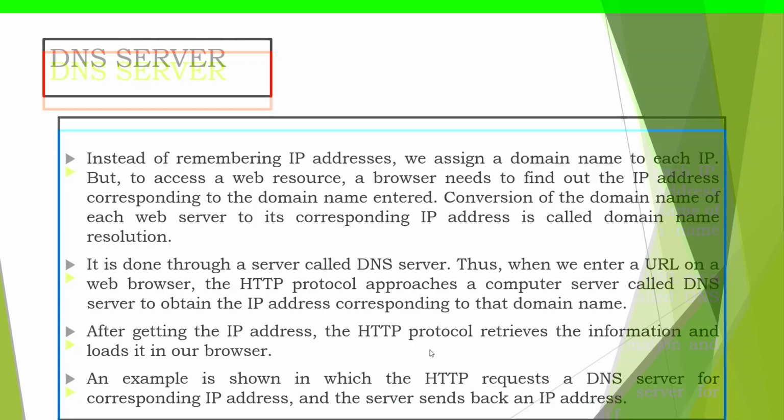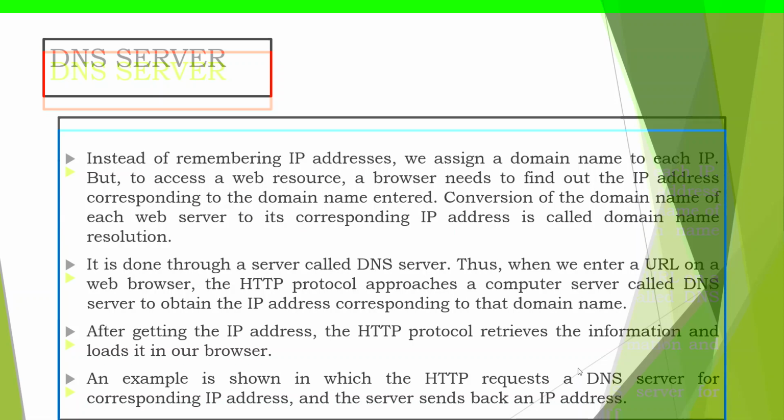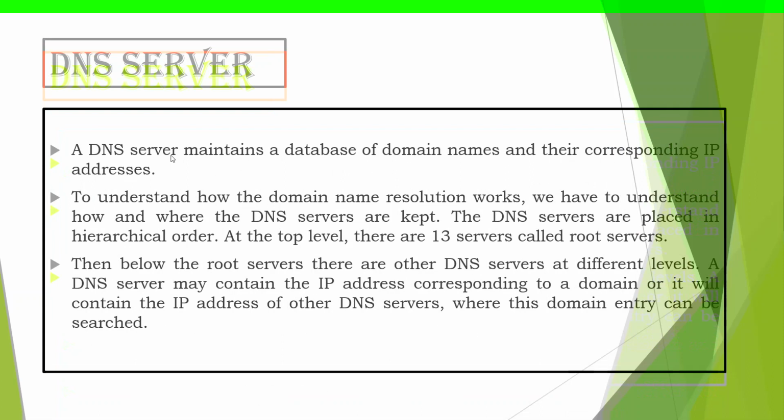Here the user uses the HTTP protocol and sends the request to the DNS server, and the server sends back the IP address, 164.100.163.45. The DNS server maintains a database of domain names and their corresponding IP addresses.